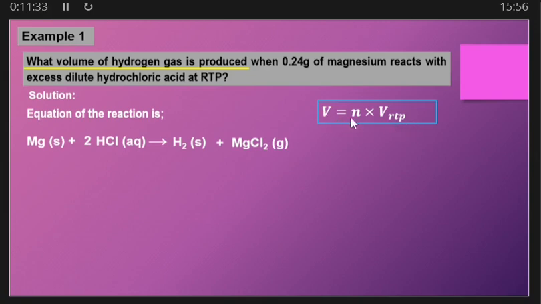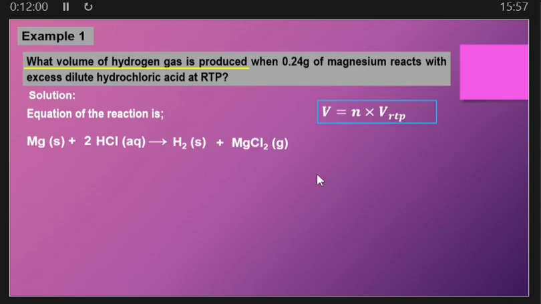V is volume, n is the number of moles of the same gas we are being asked, hydrogen. Then V_RTP is the volume at RTP, which is always given. In this case, it is 24 dm³ at RTP, which stands for room temperature and pressure.